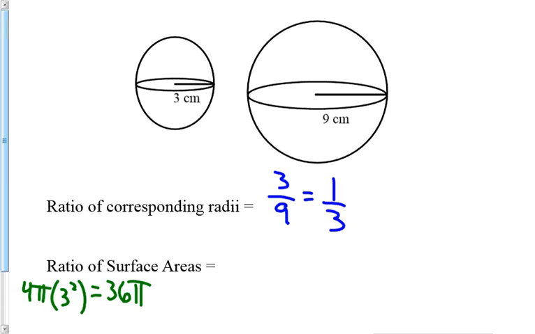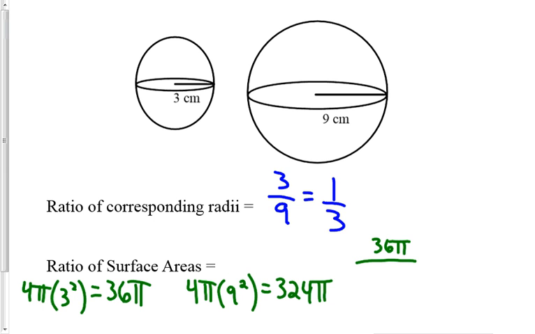For the big sphere, we'd have 4 pi r squared. 9 squared is 81. 81 times 4, 324 pi. So we take the ratio smaller over larger, 36 pi over 324 pi.